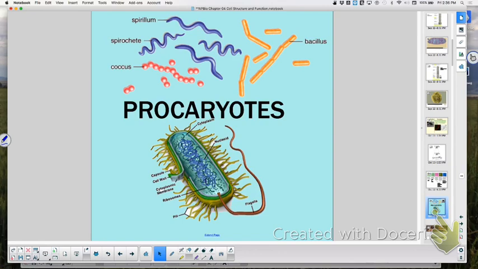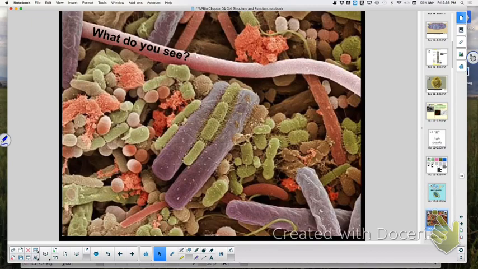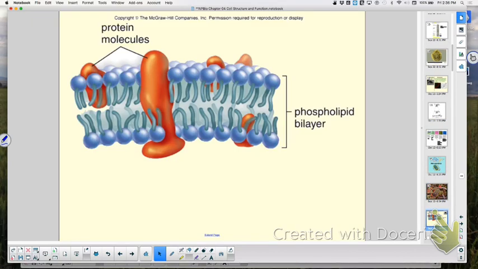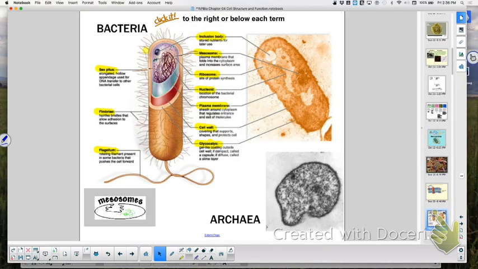So maybe let's go back. Oh, look, there's some bacteria, and there's a cell membrane. You have these carbohydrates on the outside.